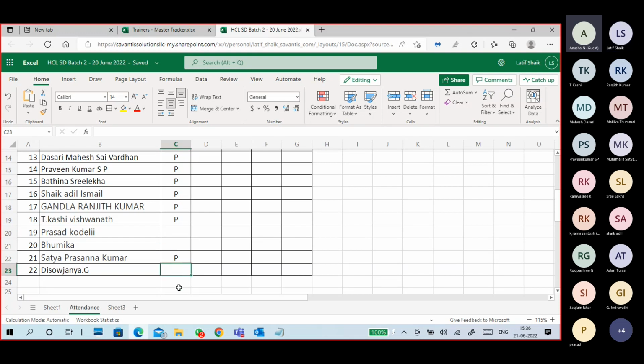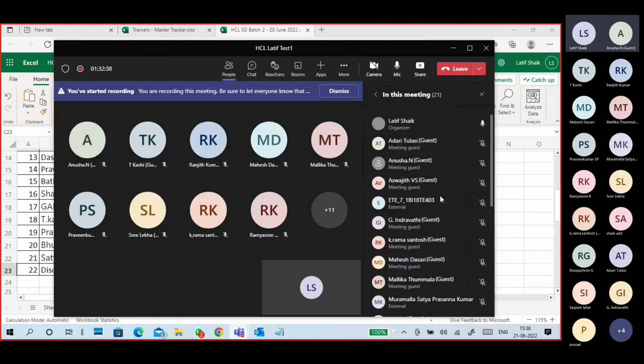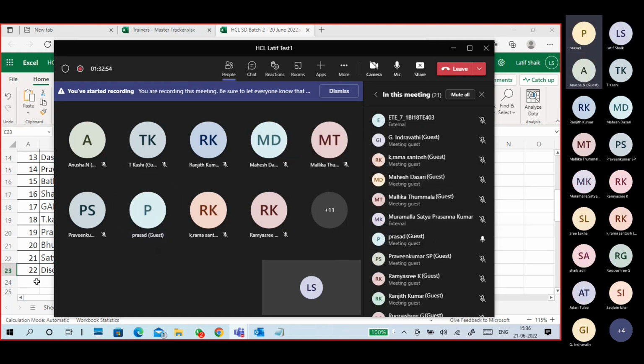Bhumika and Saujanya. Showing 21, meaning 20 people are here. I got 18 people. Who is this? Yeah, Prasad. Okay.